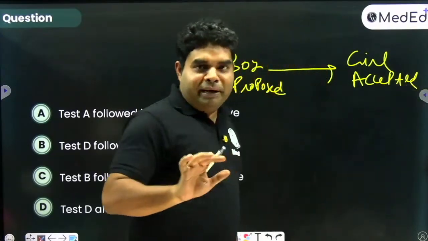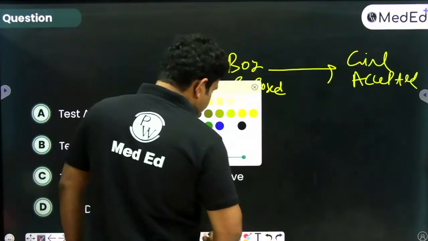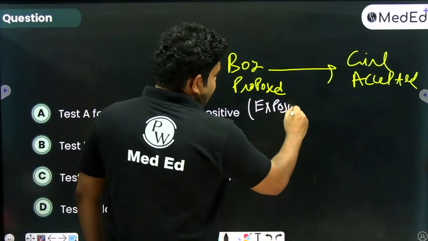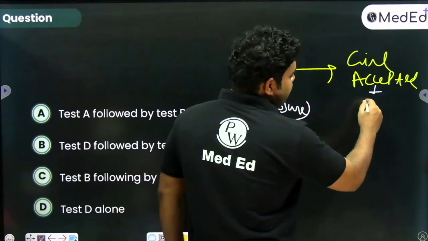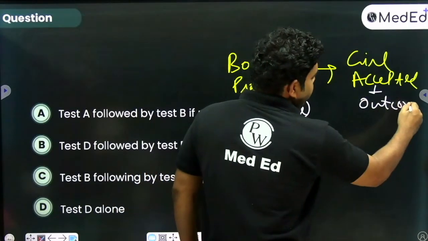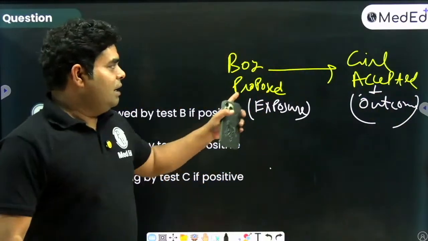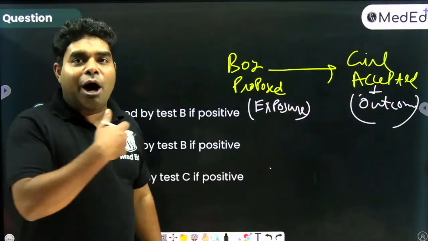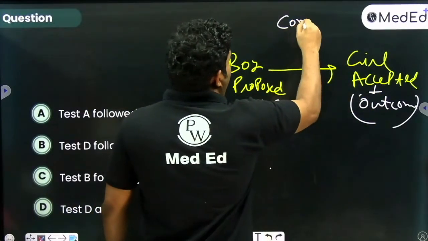Okay, let's have a happy ending here. Now this boy's proposal was the reason, the exposure, ये कारण था. और गर्ल एक्सेप्टेड द प्रपोजल, this is the outcome, ये परिणाम था, है ना. Boy proposal was the reason and girl acceptance was the outcome, the effect. अब इस स्टोरी में आते हैं कॉमन फ्रेंड.